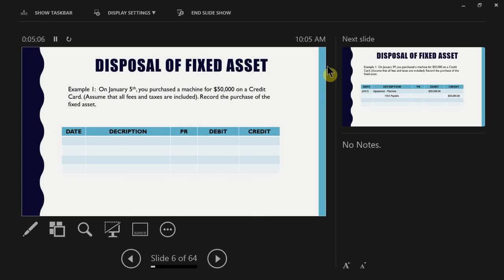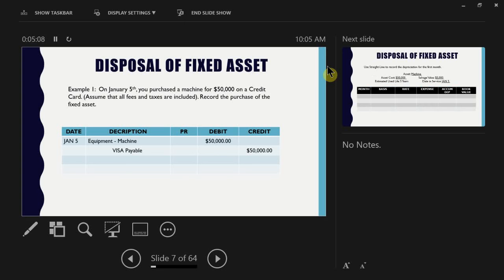We know that it's a fixed asset. It's going to be equipment. In this case, I specifically say this is equipment, a machine. Because I paid with a credit card, that means I own this 100%, because then I just owe money to the credit card company. So I record it in my books at $50,000.